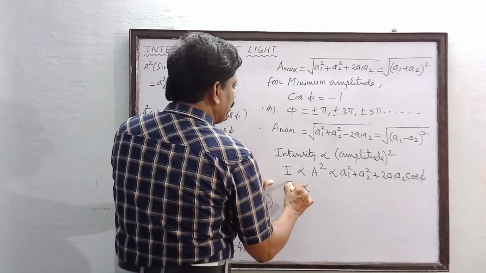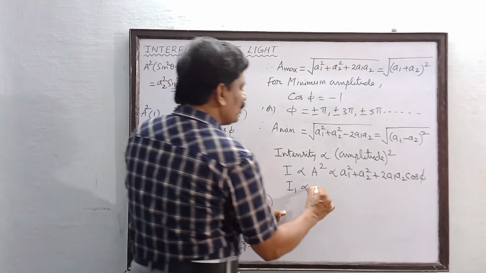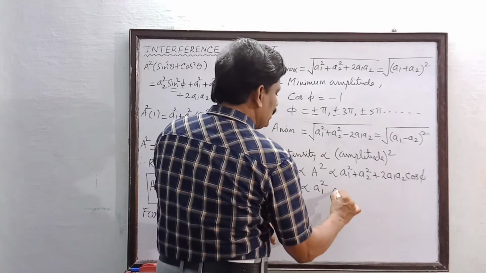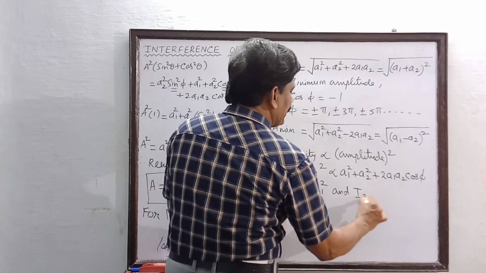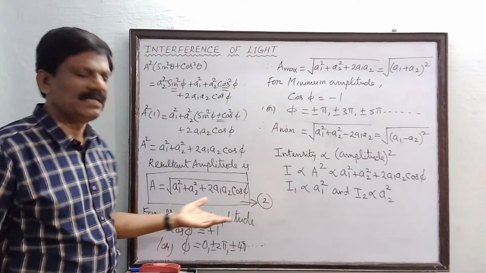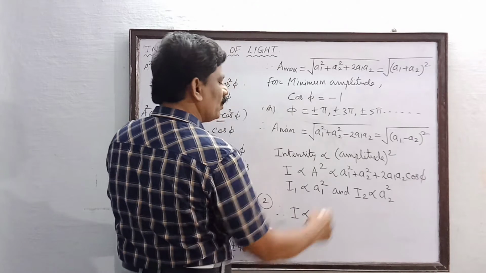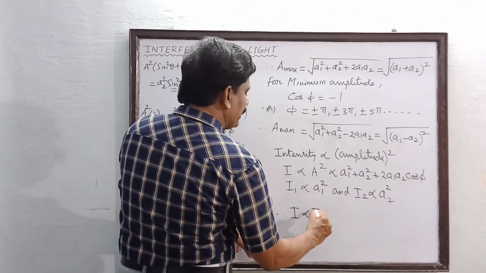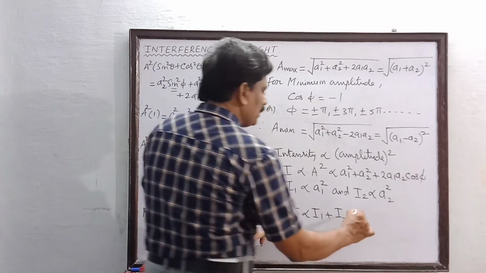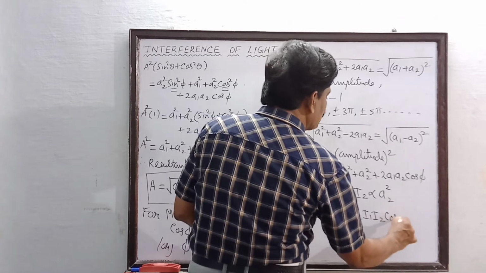But now you take the intensity of the first one. The intensity of the first wave is proportional to the square of the amplitude, A1 square, and the intensity of the second wave is proportional to A2 square. Therefore, I can write, the resultant intensity is proportional to I1 plus I2 plus 2 into square root of I1 I2 into cos phi.